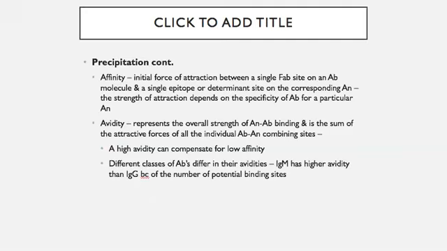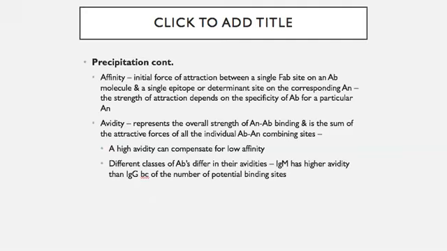A key has to be specific for the lock that it's going to open. You can think about that as affinity, and then avidity represents the overall strength of the antigen-antibody binding. It's the sum of the attractive forces of all the individual antibody antigen combining sites. So it's a measure of the overall stability of that antigen-antibody complex, or the force that keeps the molecules together after binding has occurred.